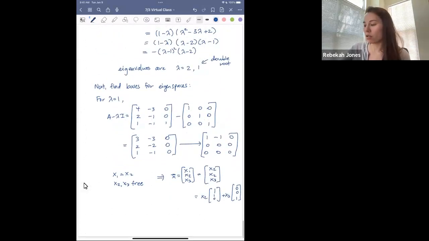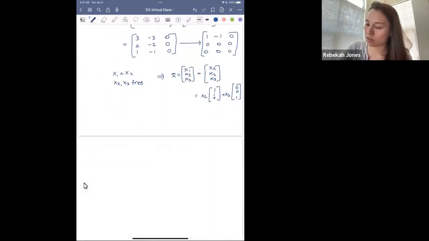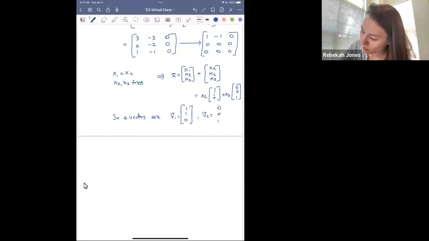And those are our two eigenvectors, v1 and v2.